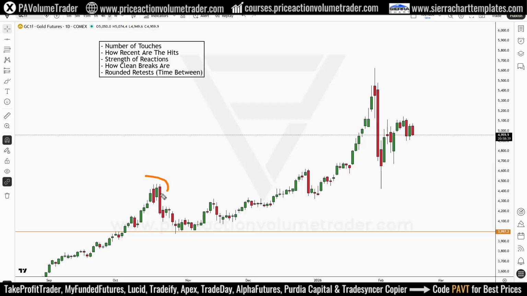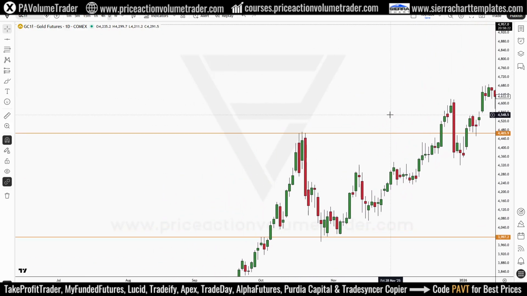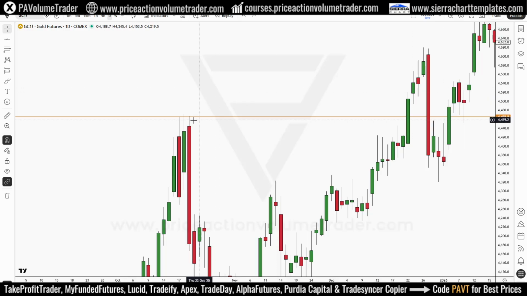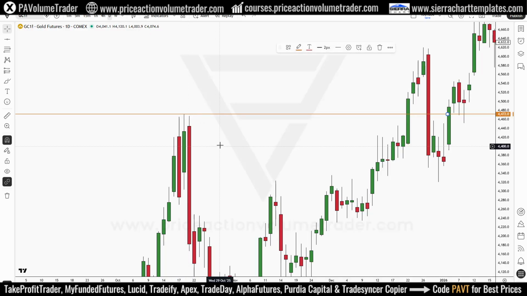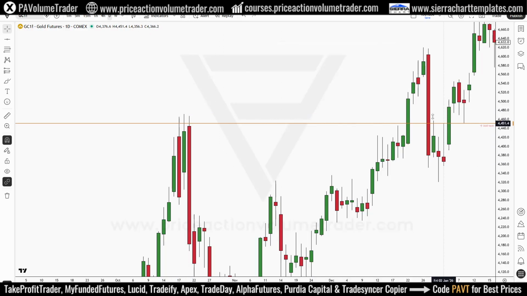If we have this cluster of levels like we have on the daily, instead of marking this on the very edge, I'll come down and put it right there. So as you can see, I pretty much put it at the lowest of the wicks. So that way this daily level encompasses all three direct hits from this candlestick instead of just having it only on the very top. Okay?